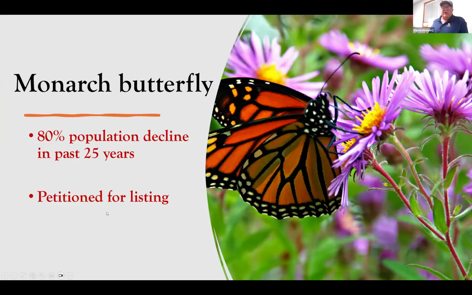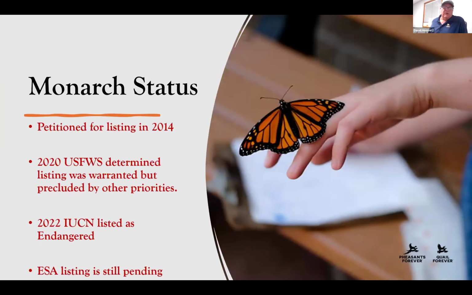Monarch butterfly, again, probably the most thought of butterfly when we think of butterflies. They've had an 80% population decline in the last 25 years. They were petitioned for listing in 2014. Fish and Wildlife Service said that listing was warranted as threatened, I believe, at the time, but there were other priorities that precluded that listing.